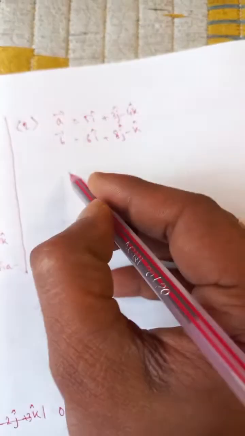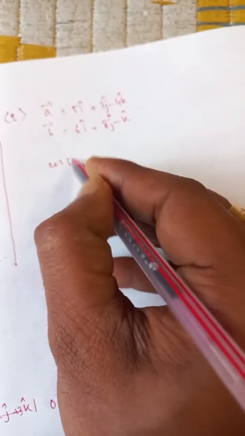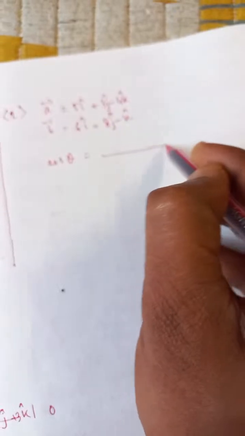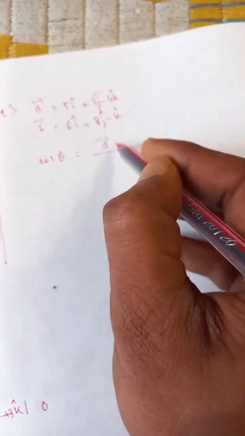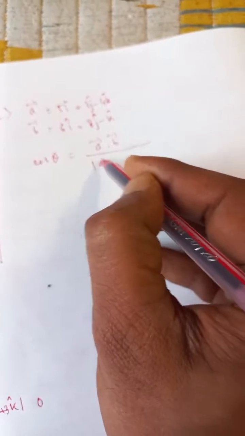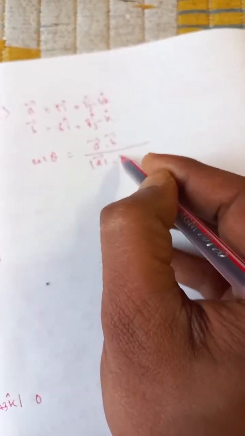We have to find cos theta, which will be equal to A vector dot B vector over mod of A vector mod of B vector.